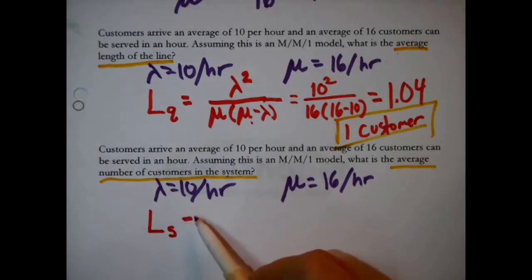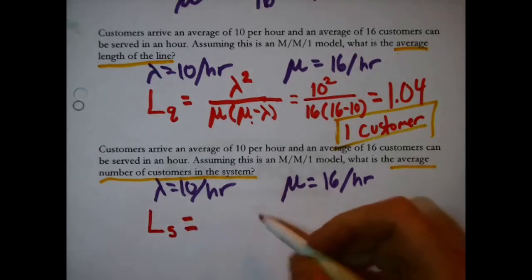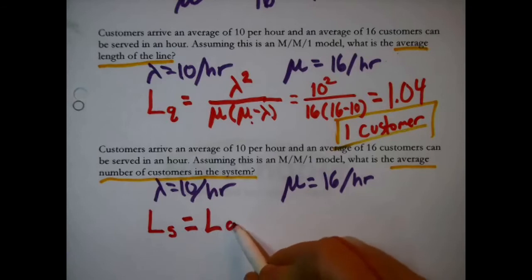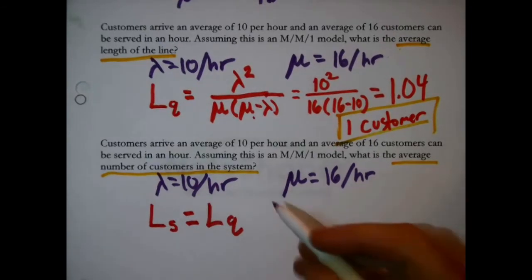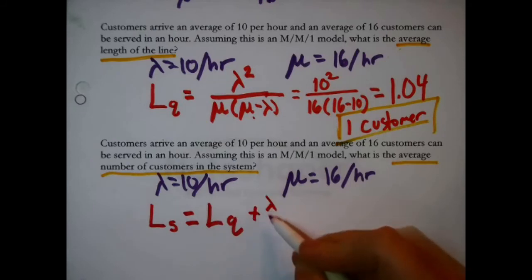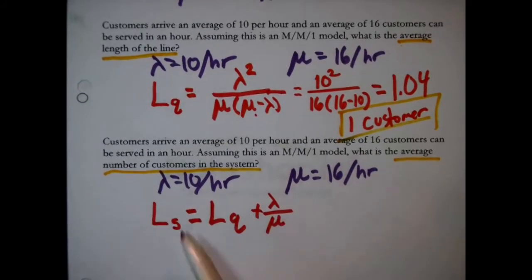Well, you take the average number of people who are standing around in the line, and you add lambda over mu. That's the formula. The average number of customers in the system is the average number of customers in the line plus lambda over mu.